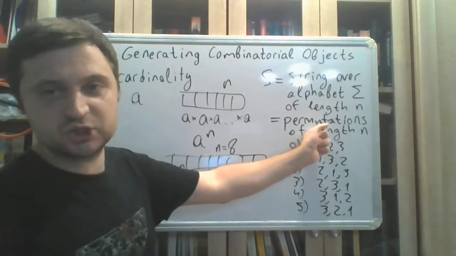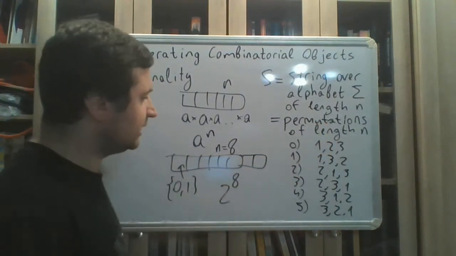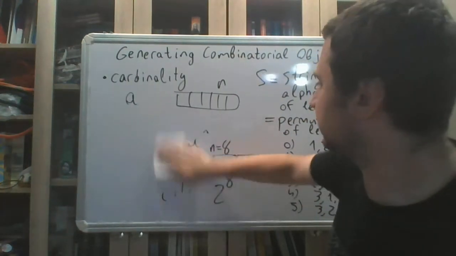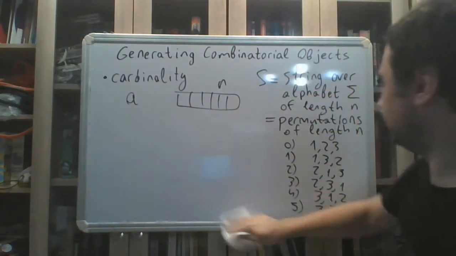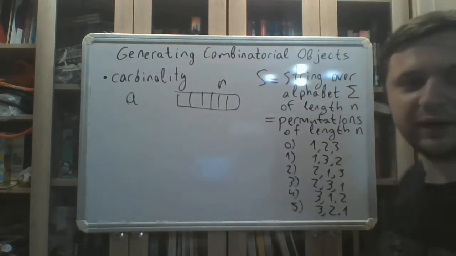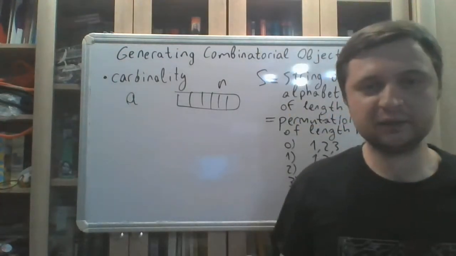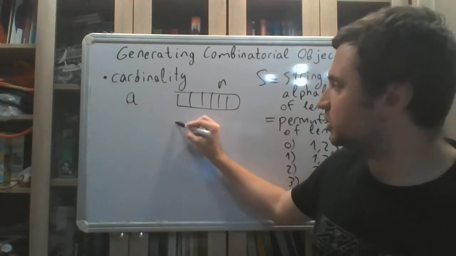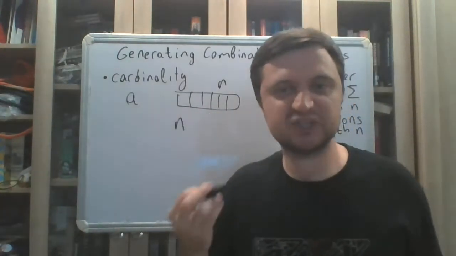And for permutations, let's also make sure we understand the similar calculation. So if you're talking about an array of length n, where all integers from 1 to n should appear exactly once, for the first position you have exactly n possibilities.